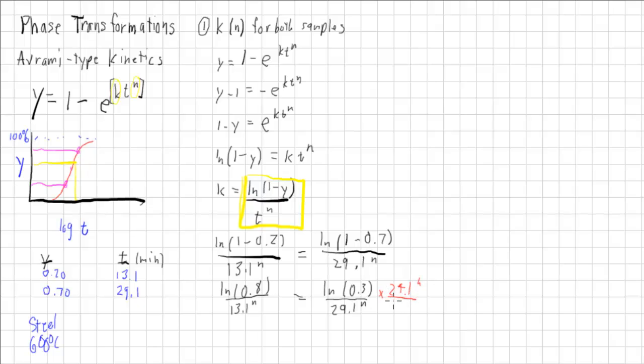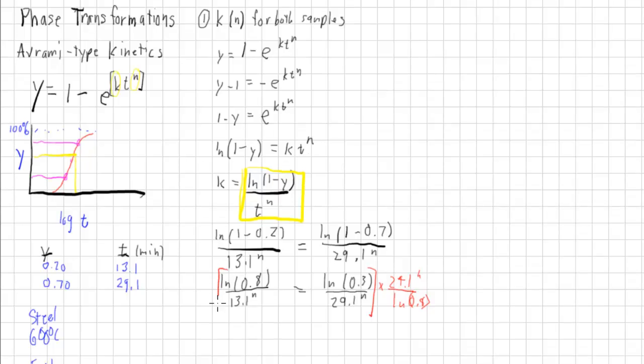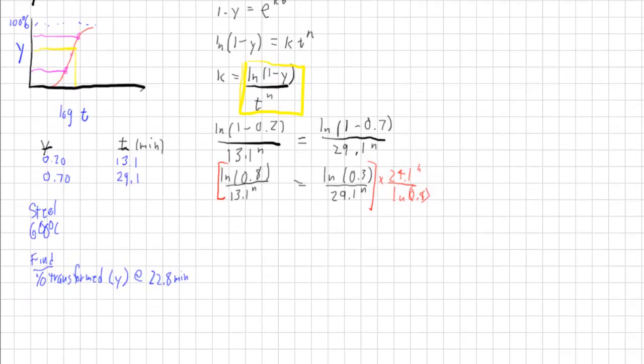And divide through by natural log of 0.8. I'm going to do that for both sides. So here I will have 29.1 to the n over 13.1 to the n, and that will equal natural log of 0.3 over the natural log of 0.8.